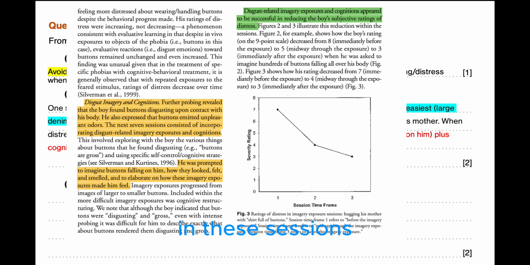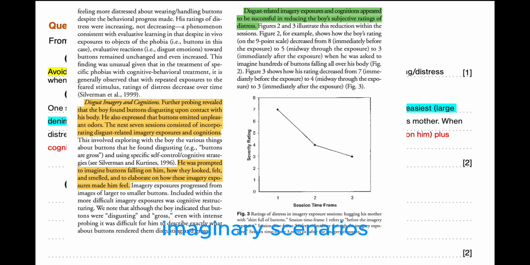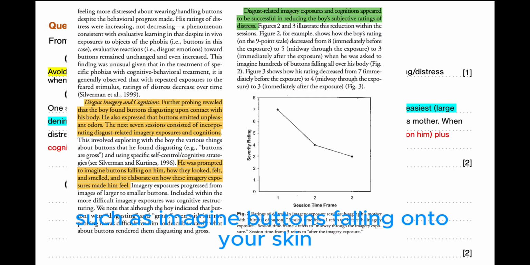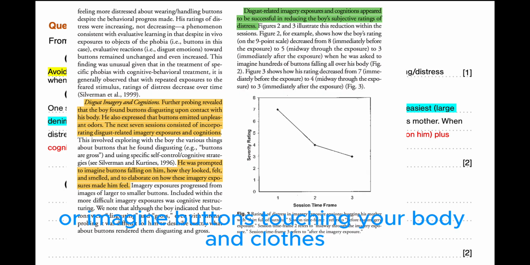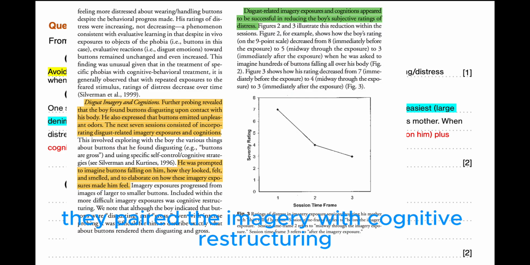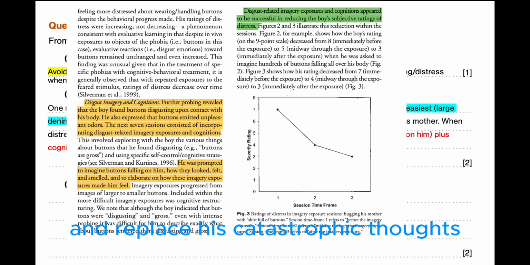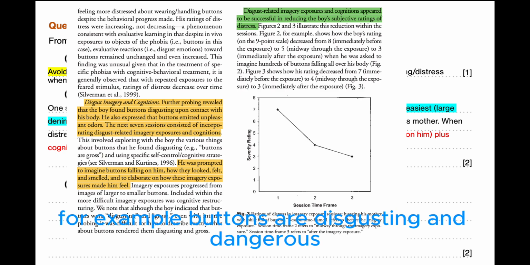In these sessions, the therapist guided the boy through vivid imaginary scenarios, such as imagine buttons falling onto your skin, or imagine buttons touching your body and clothes. While he was imagining these scenes, they paired the imagery with cognitive restructuring, helping him challenge and replace his catastrophic thoughts. For example, buttons are disgusting and dangerous.